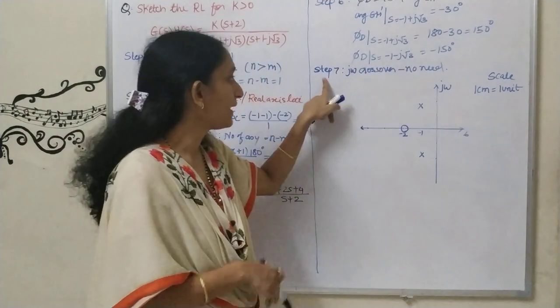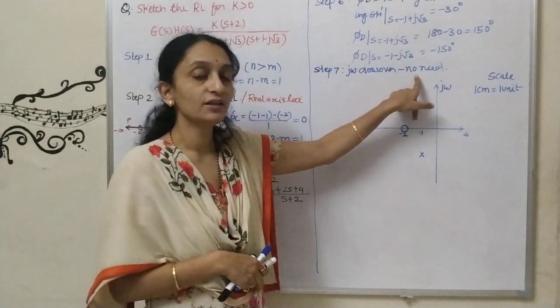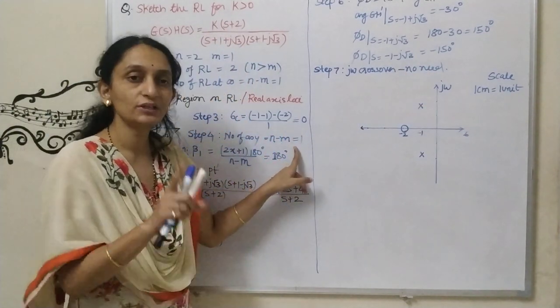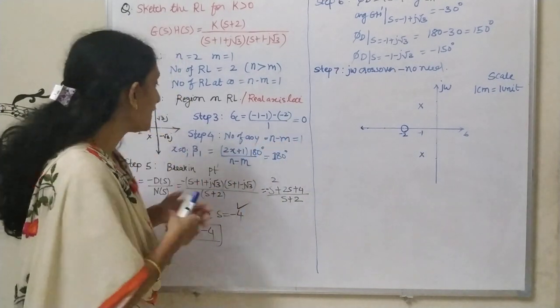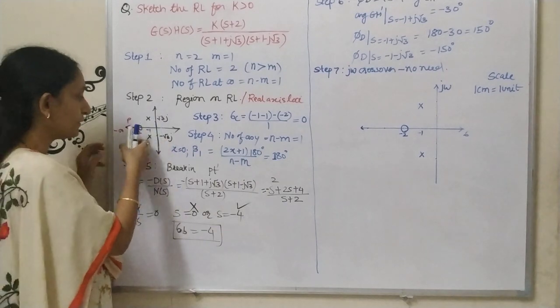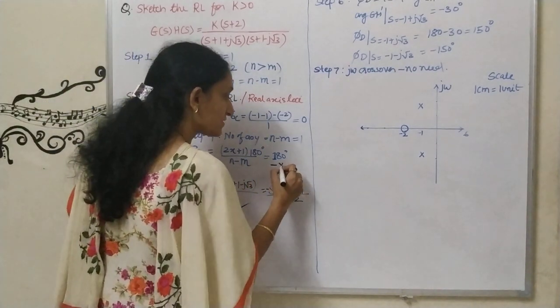Now the last step, step 7, that is the j omega crossover. Why have I written no need here? Because here I am getting only one asymptote and its angle is 180 degrees, so my asymptote will be the negative x-axis. It will start from this zero and go along the negative x-axis.